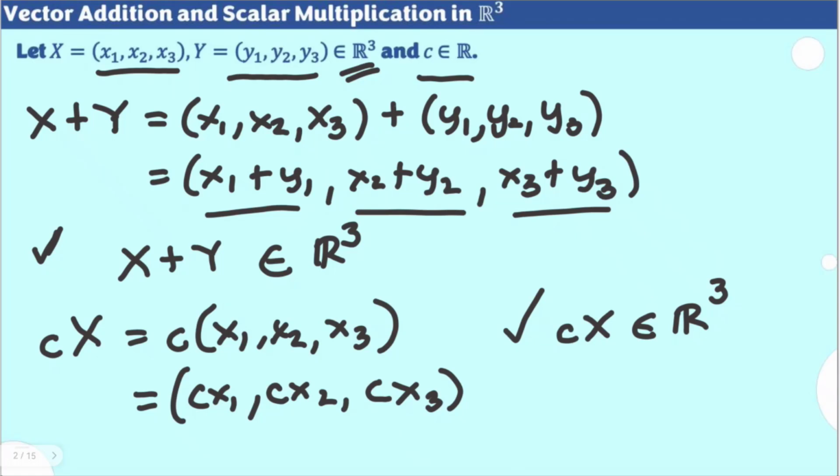By discussing this, we're able to illustrate the first two axioms. We are going to have 4 separate videos, 2 for each, where we discuss all the rest of the axioms, because we would also like to show that our R3 is a vector space. We're going to combine this video with the remaining 4 videos and later on declare, if possible, that R3 is actually a vector space.